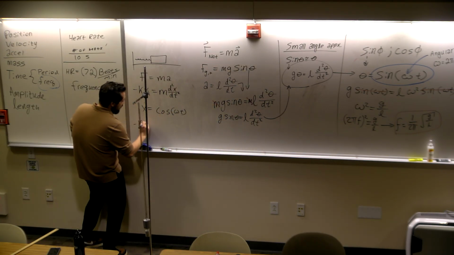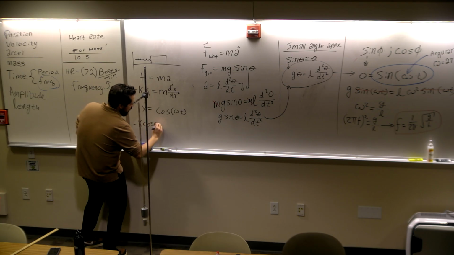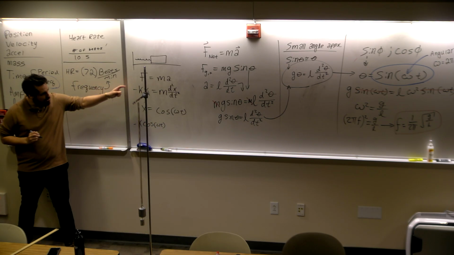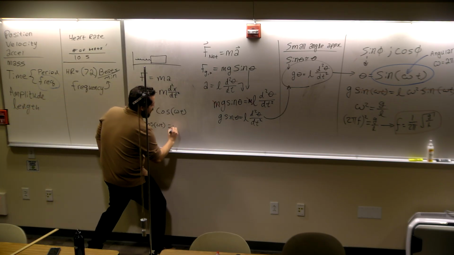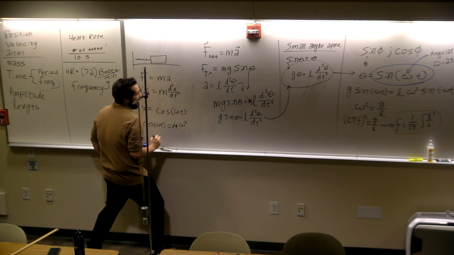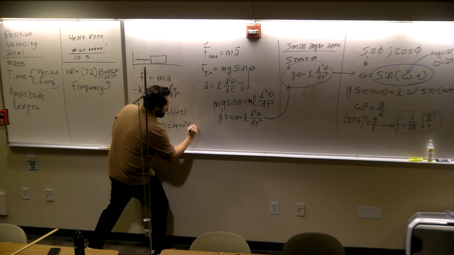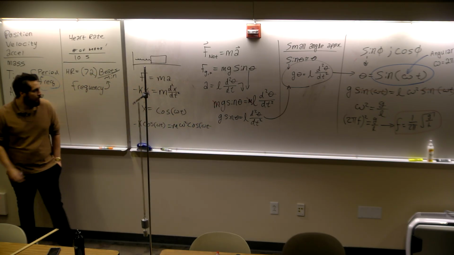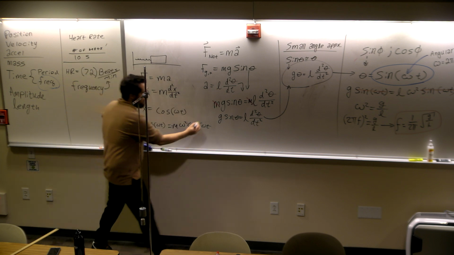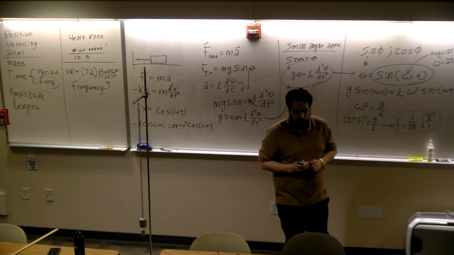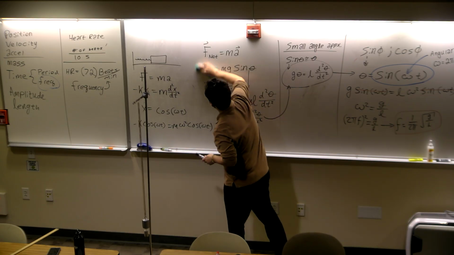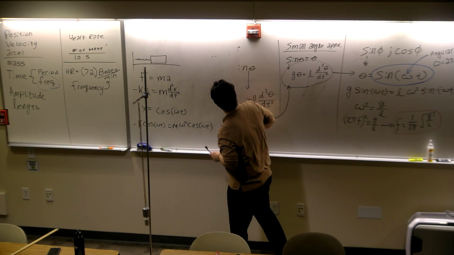Minus k times cosine omega t for the left-hand side of the equation. On the right-hand side, we have mass times the second derivative, omega squared cosine omega t, negative outside for the derivative of cosine twice. You get the cosines canceling out, and you can arrive at a very similar formula to the pendulum.